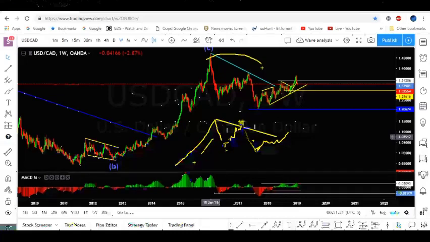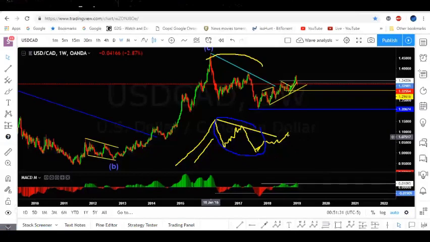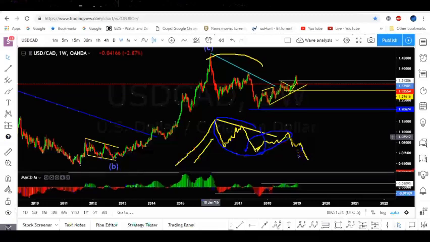In other words, let me make this blue. This becomes one piece. And then when this comes back down, this becomes the second piece. And this will probably come back down also in three waves. So it will go 1, 2, 3, come back down, and then this will be your third wave. And then this whole correction will be complete, and then you can be going up.